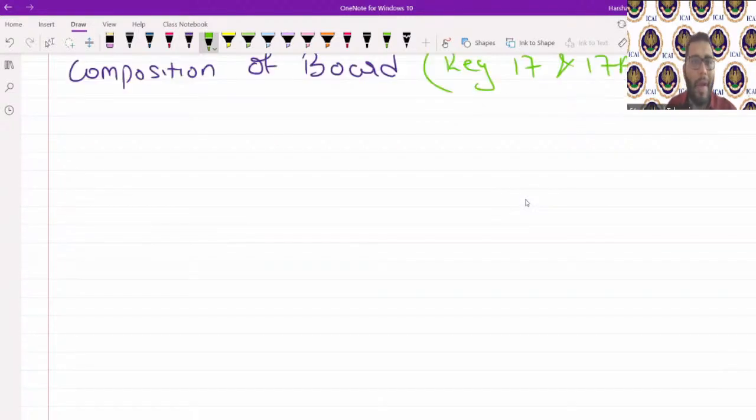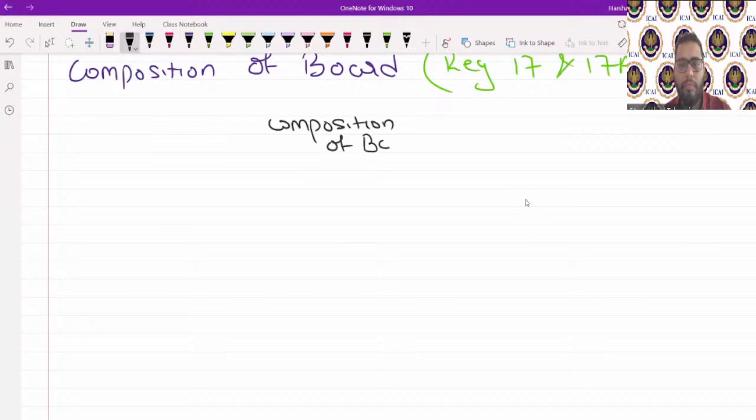Now, as per the LODR, what should the composition be? LODR says that throughout the reporting period, the board should have the following things.